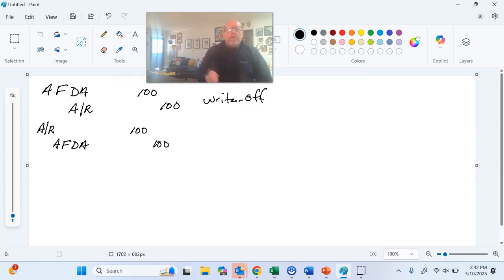So we unwind the write-off. Then we can record the receipt of cash: cash 100 and accounts receivable 100. That's the allowance for doubtful accounts and the allowance method in general.